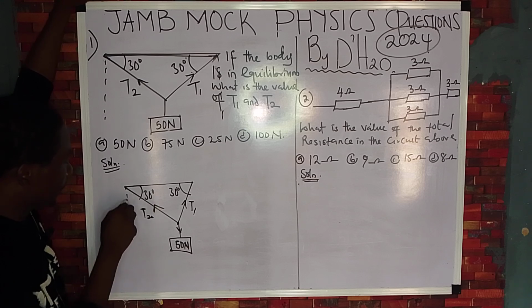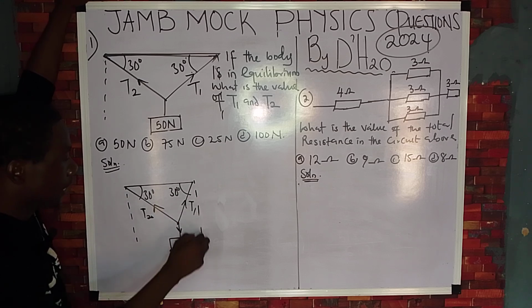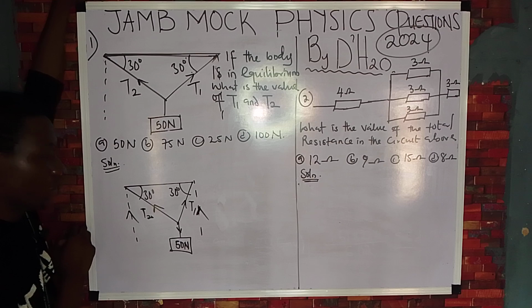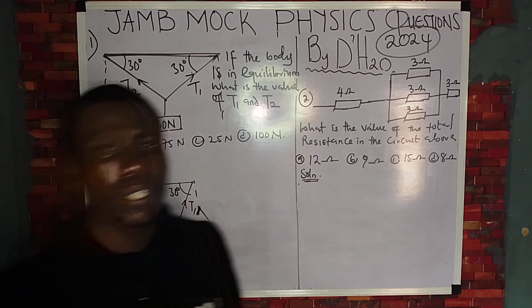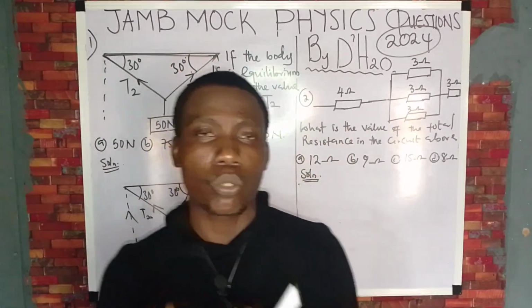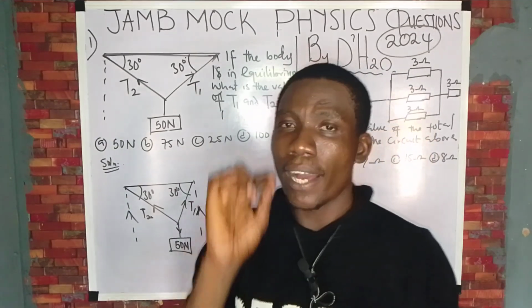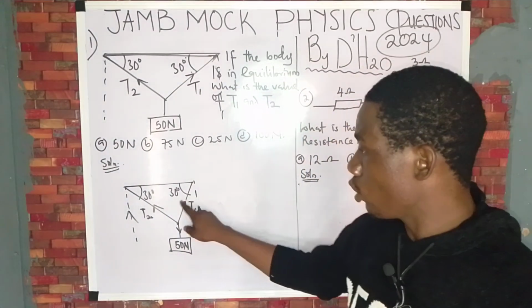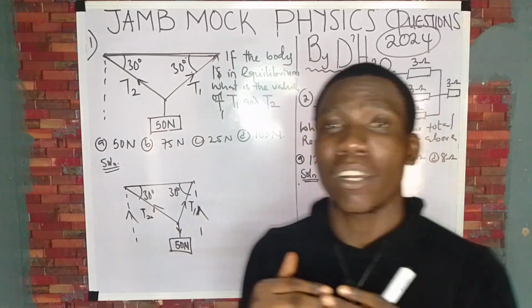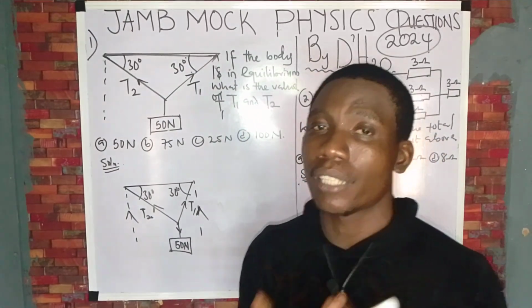Remember, get the vertical component of this force that is acting upward this way. How do you get the vertical component? Very easy. I have always told my students that if your angle is to the horizontal, which is what you are seeing on the board, then the vertical component is usually sine theta.